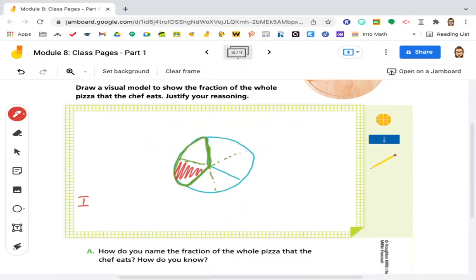So we're going to say, I started by dividing my circle into thirds.